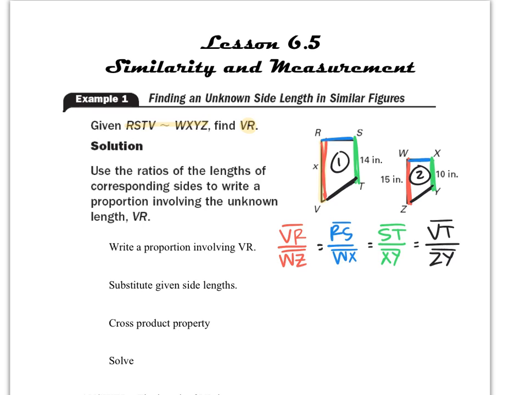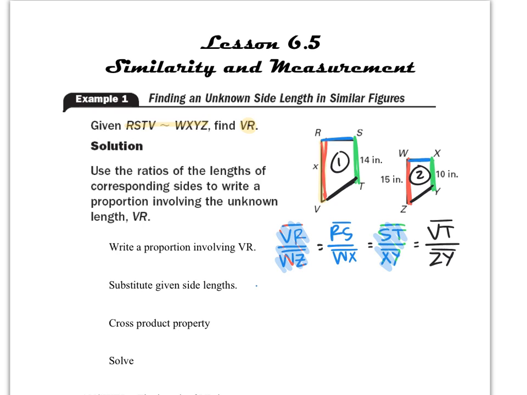And so we want to pick the pairs of sides that are going to be most helpful to us or most useful. And in this case, we need to definitely pick this one because that has the side length that we're trying to find. And then we also want to pick this one because that has the other side lengths that give us some information.